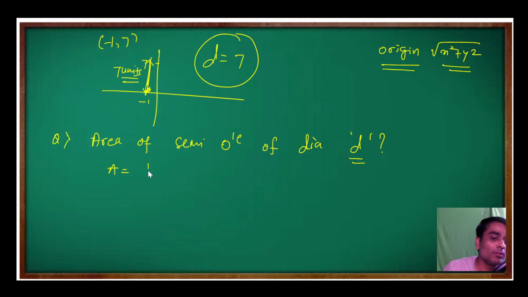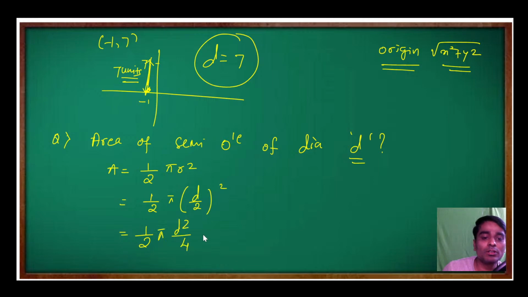So you know the area of a semicircle is half pi r square. But here the diameter is given, therefore we will convert it like this.